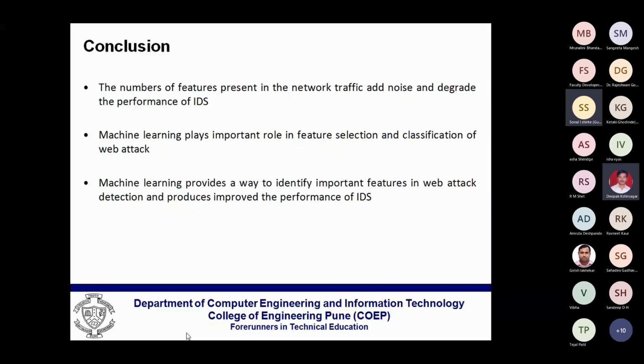Finally we can say that after the optimization is performed by reducing the number of features, the performance of this intrusion detection system is improved. This is the way to use the optimization in the domain of cyber security, and specifically for web attack detection.